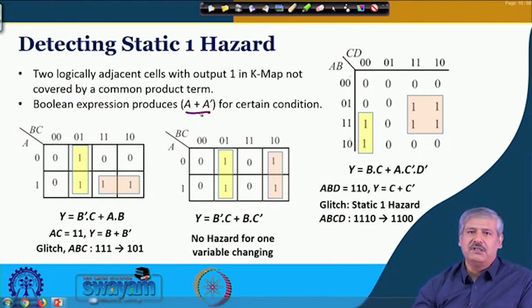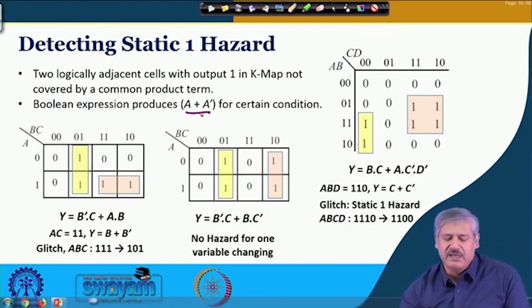The other important thing we can look at, even without going into an optimized expression, is the Karnaugh map: by looking at the way we form the groups, we can figure out whether there is a potential glitch or not.